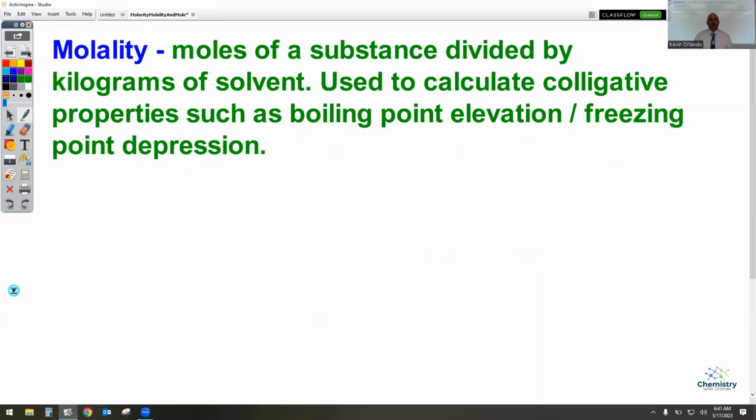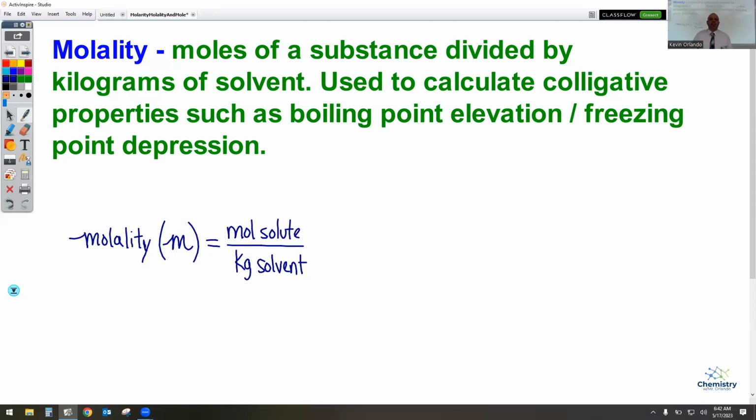So molality, which looks very similar to molarity in terms of its name, is actually different, and it's more than just the single letter. Molality, which is represented by kind of a cursive or italicized lowercase m, is equal to the moles of solute divided by the kilograms of just the solvent.